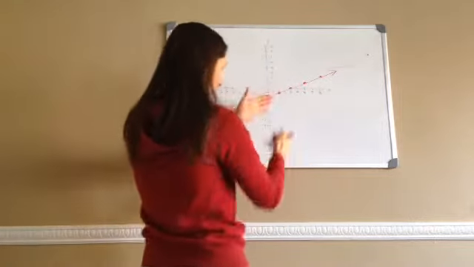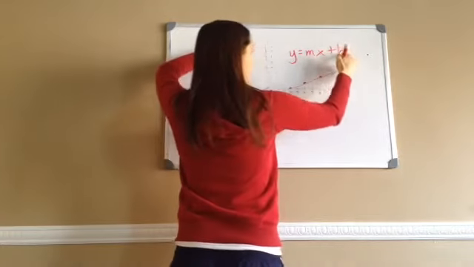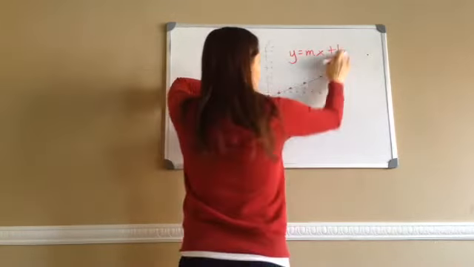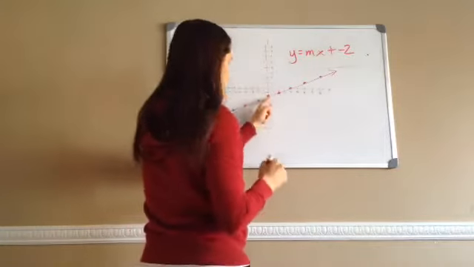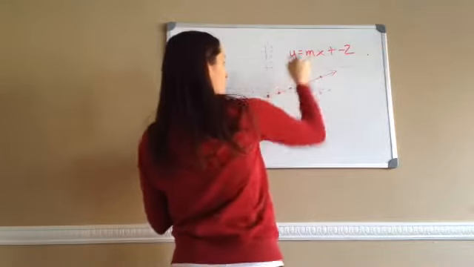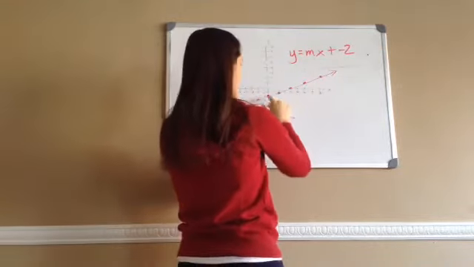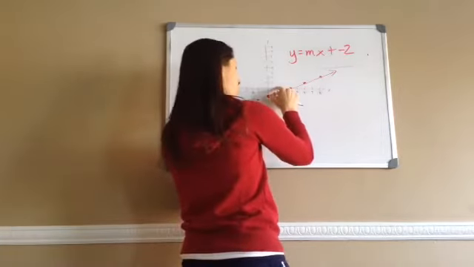Okay, now what is this? y equals mx plus b. My b was what? Negative 2. That's where it intersected along the y-axis. And then what happened? It's going in a positive slope, so I know this is going to be a positive rise. We rose up 1 and went over 2. Up 1 over 2.